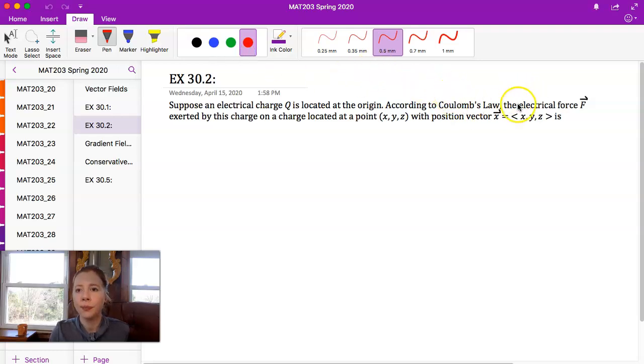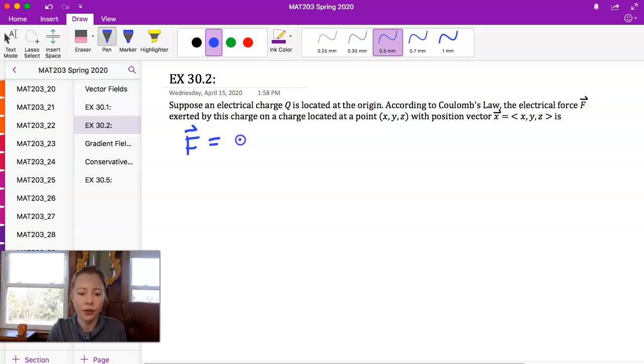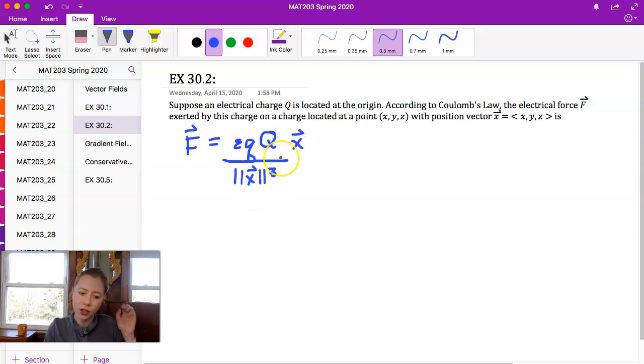According to Coulomb's law, the electrical force F exerted by this charge on a charge located at point xyz with position vector x is given as follows: vector F is equal to epsilon Q, little q, big Q, divided by the magnitude of vector x cubed. And this is going to be in the x direction, is what that's showing.